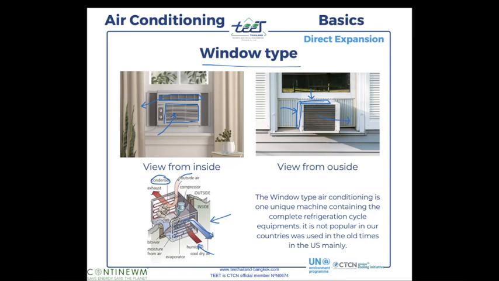So we have exactly one box that does both parts, and that we call window type, because you can put it into the window. You have the outside part and the inside part. So that was very efficient, very compact, all in one. That's very good.